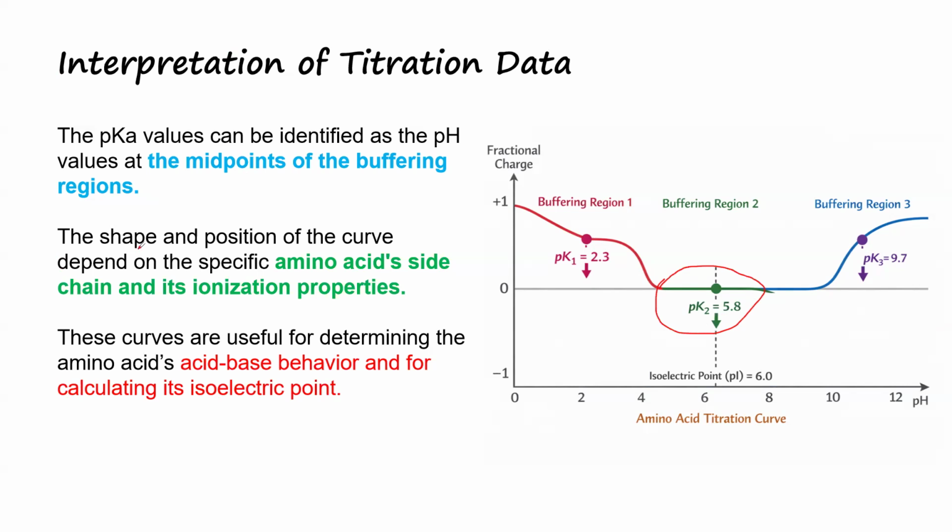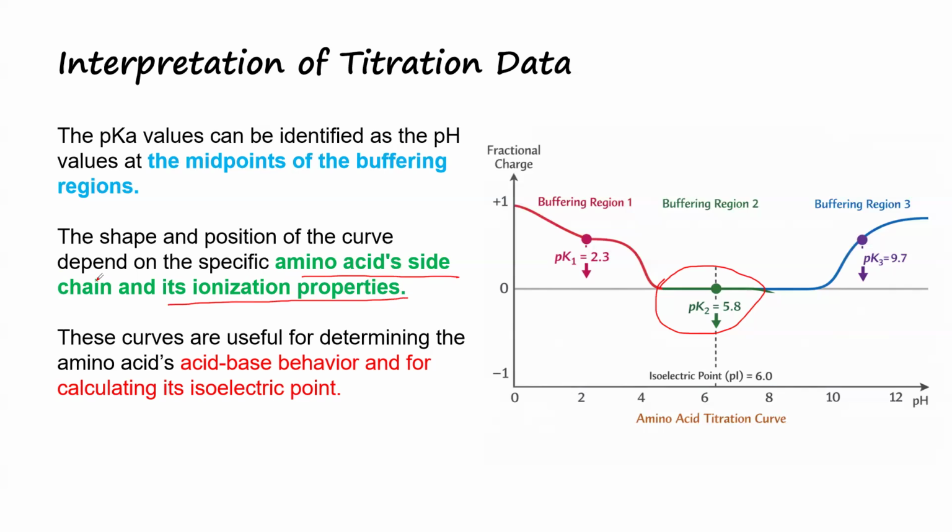And then the shape and the position of the curve depend on the specific amino acid side chain and its ionization properties. So you see, ladies and gentlemen, this titration curve will have different shapes.